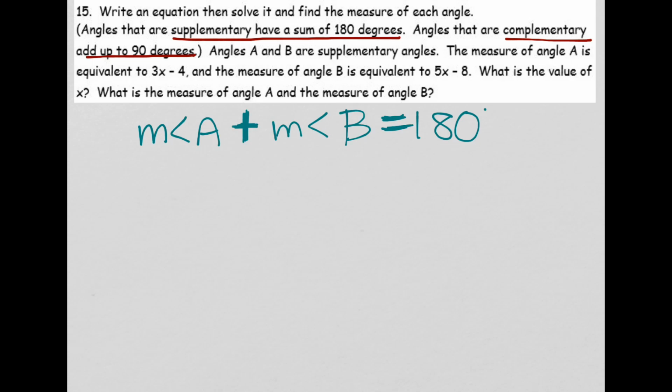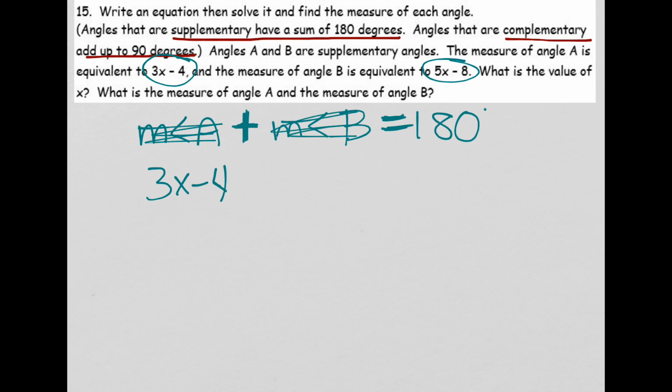That's what supplementary means. But the measure of angle A is not just written as measure of angle A. We also know that it is 3x minus 4. So instead of the measure of angle A, I'm going to write 3x minus 4. And the measure of angle B, I could write it as 5x minus 8.